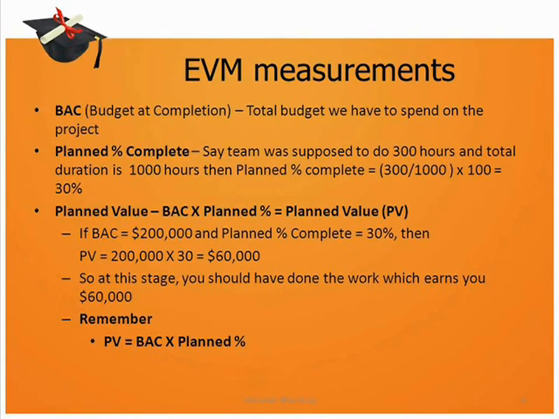So then PV would be BAC into planned percentage complete, which in this example amounts to $60,000. Remember the formula, PV equal to BAC into planned percentage complete, where BAC is nothing but your budget of the project and planned percentage complete is what you have planned to achieve at that point of time. So that percentage of BAC is your planned value.